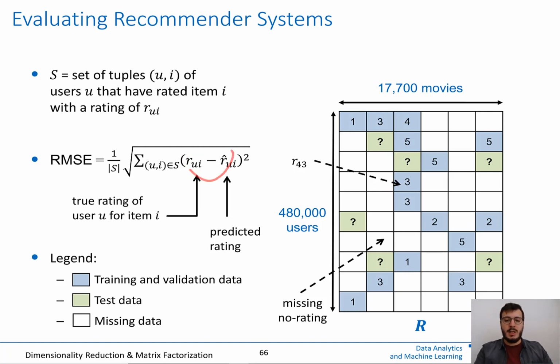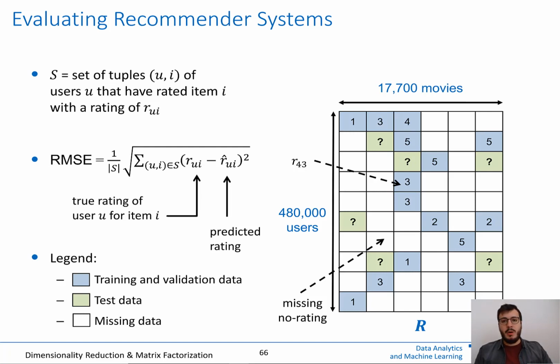We take the difference, square it, sum it over all possible items in our set, and take the square root. So pretty simple. And systems which of course have lower RMSE are likely to lead to better recommendations.